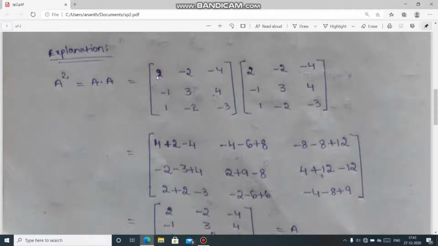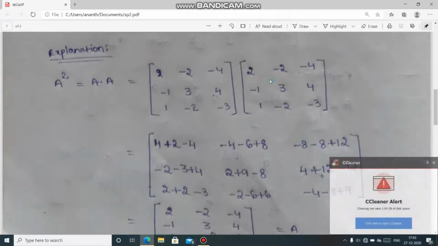And again this row multiplied with this column, we get 2 into minus 2, minus 4, minus 2 into 3, minus 6, and minus 4 into minus 2, plus 8. And again this row multiplied with this column, we get 2 into minus 4, minus 8, minus 2 into 4, minus 8, minus 4 into minus 3, 12.